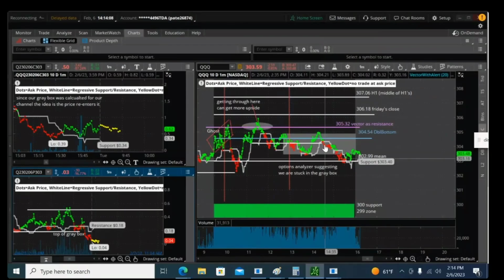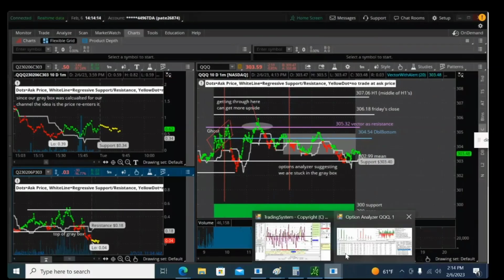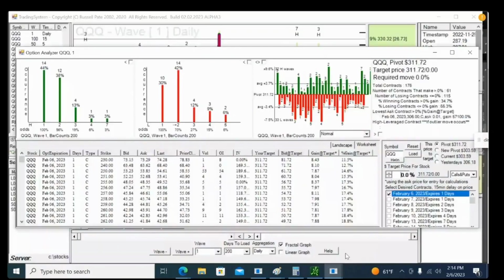So in order to find this box, kind of the high and the low, I come into the options analyzer, I load up the data, and I pick the expiration date, because February 10th is not so critical as February 6th, the one we're trading for 0 DTE. I come in here and adjust the spinner, and you can see the contracts that are losing.